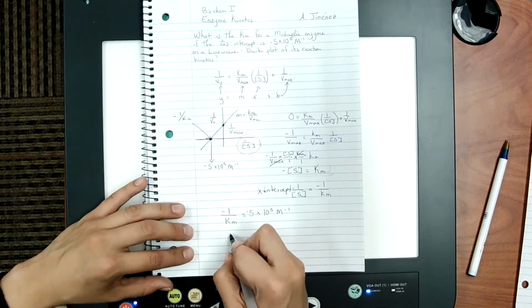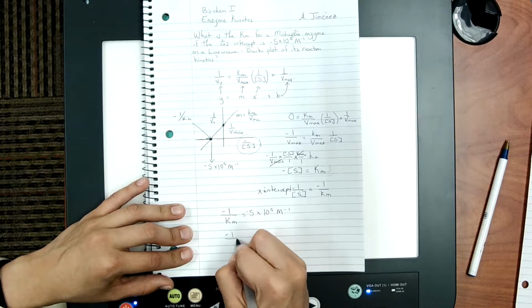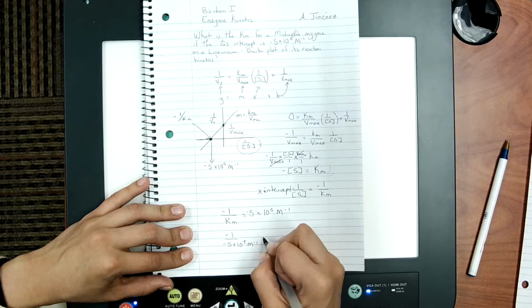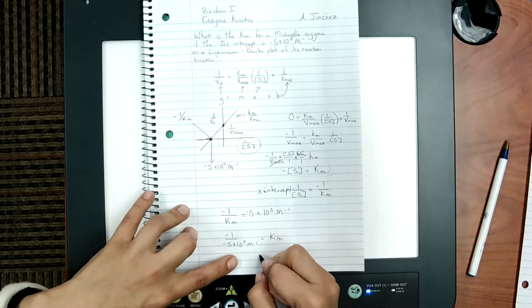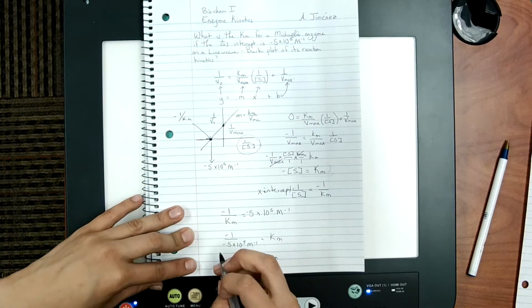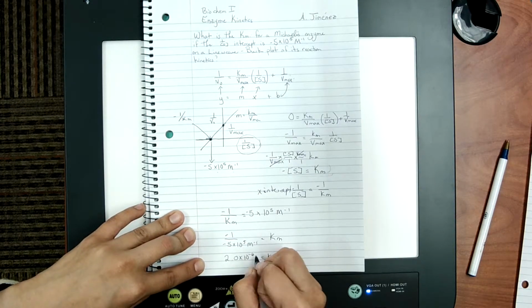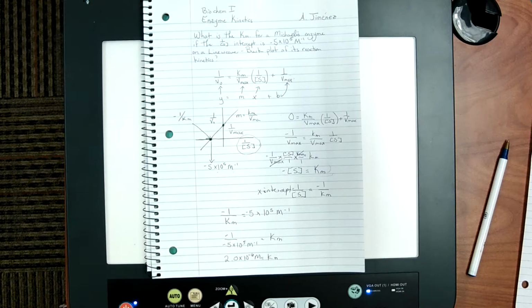And basically you cross multiply. And if all your math is correct, then you should end up with Km equal to 2.0 times 10 to the -6 molar.